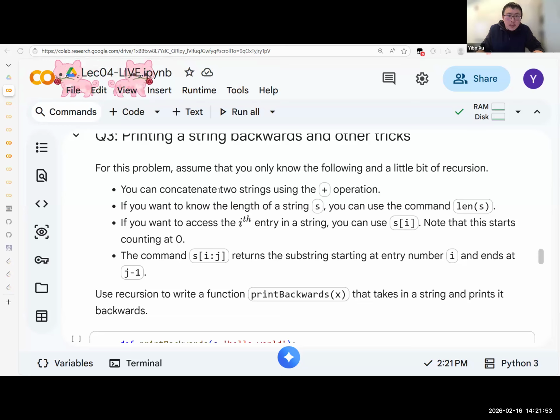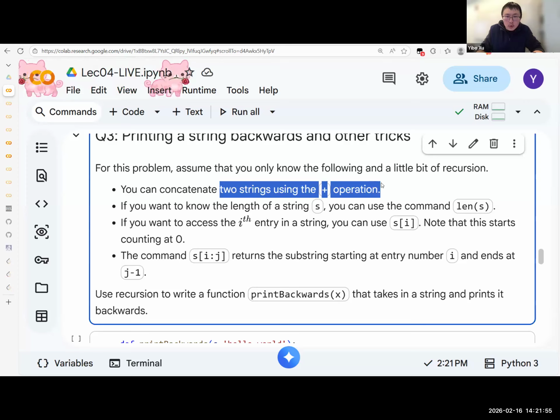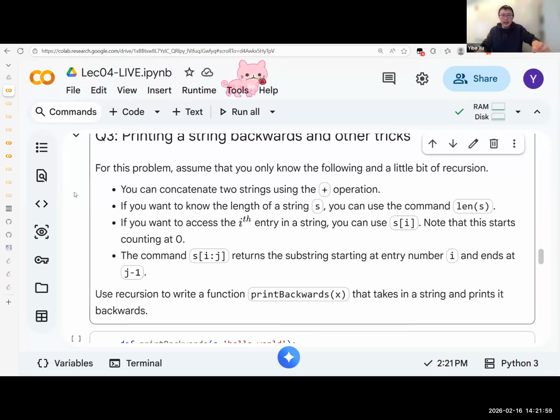For this problem, we can use the plus operation to add two strings together, to concatenate them. And if you want to know the length of a string, you can use the command len(s). It can be used for strings to get how many characters there are, including spaces.